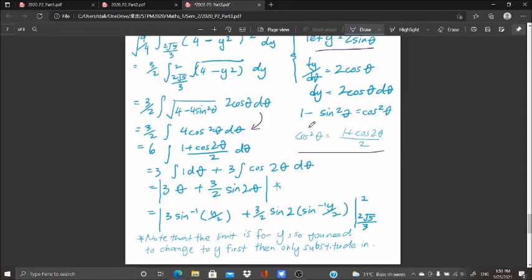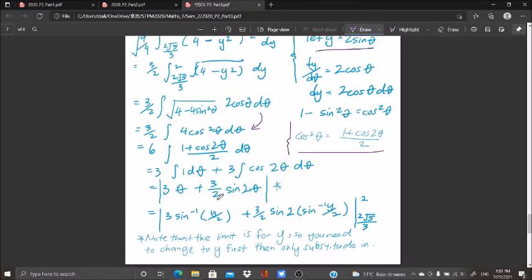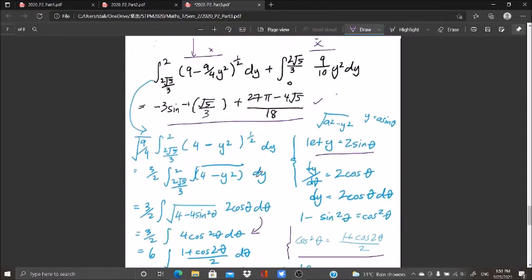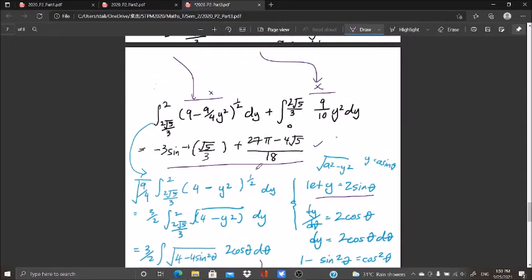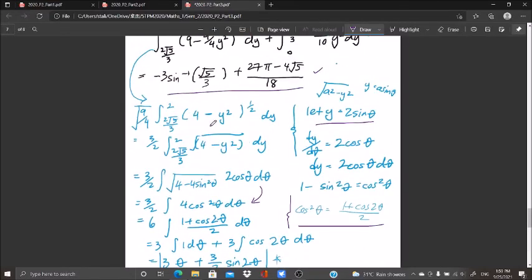Again, I use the trigonometry properties to solve, and I can split it into these two terms. Finally, I substitute back my y and my limits inside, and I will obtain this answer and this answer. So that's how I solve question number 2.